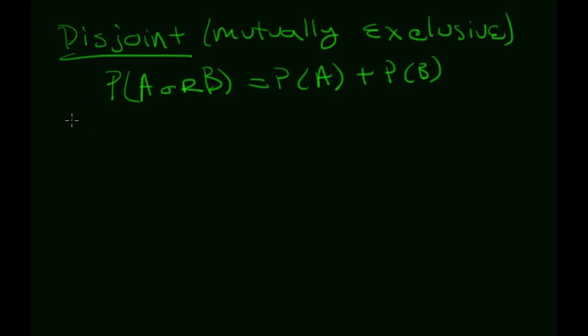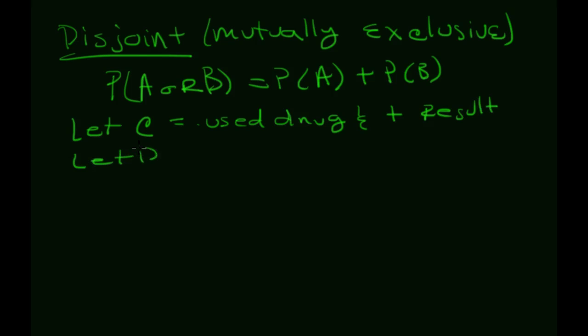Okay, so let's try this. Let's let C be that subjects used drugs and got a positive result. And let's let D be that they did not use drugs and got a negative result.